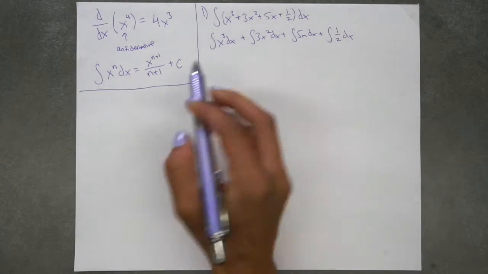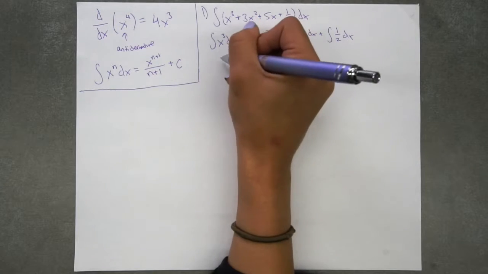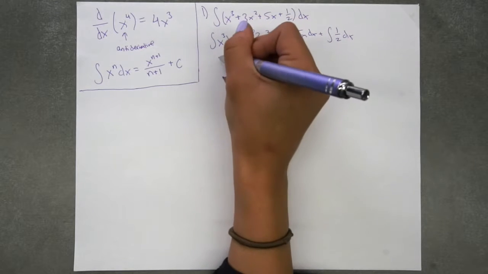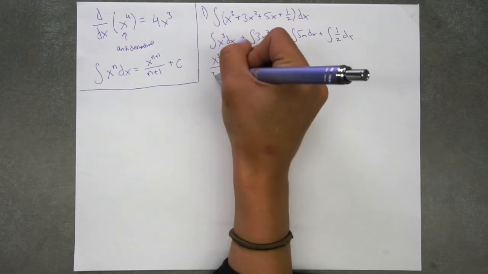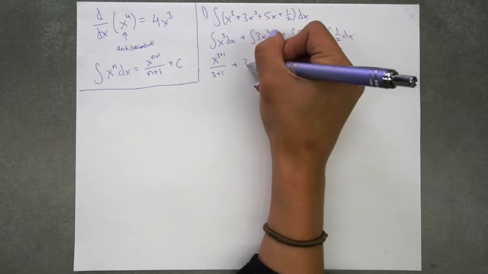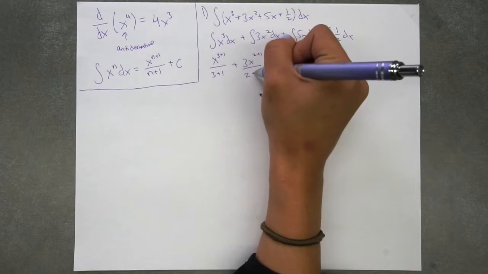So now using the power rule for integrals, for the first term, it becomes x to the 3 plus 1 power divided by 3 plus 1. And then the second term, we would get 3x to the 2 plus 1 divided by 2 plus 1.